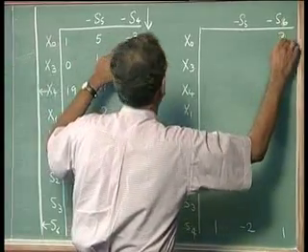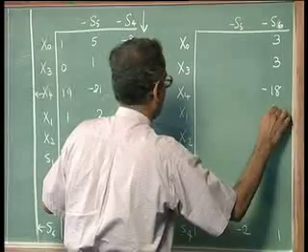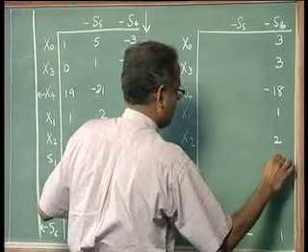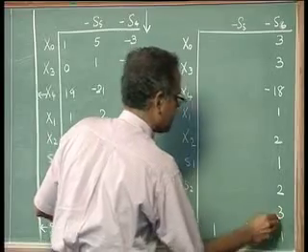So, you get a 3, 3, minus 18, 1, 2, 1, 2 and 3.